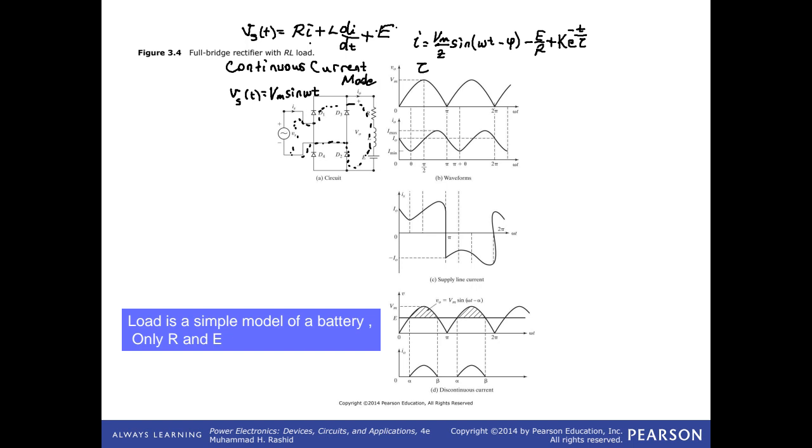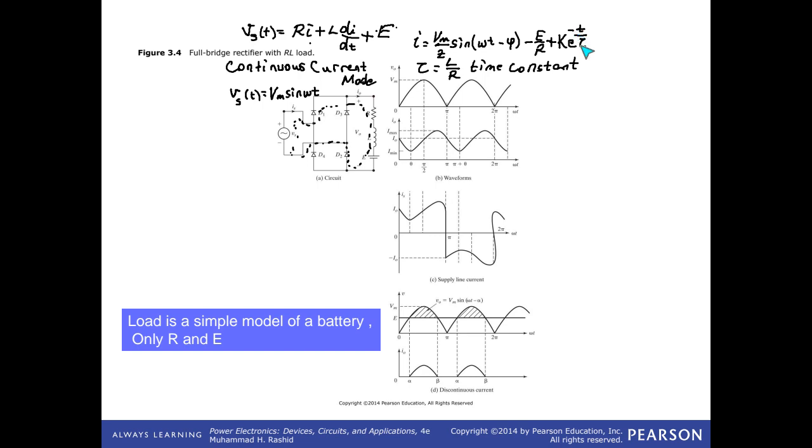But Mohammad Rashid in his book uses, instead of tau, which is equal to L over R, the time constant, he used R over L, since L is in the denominator, putting R in the numerator.